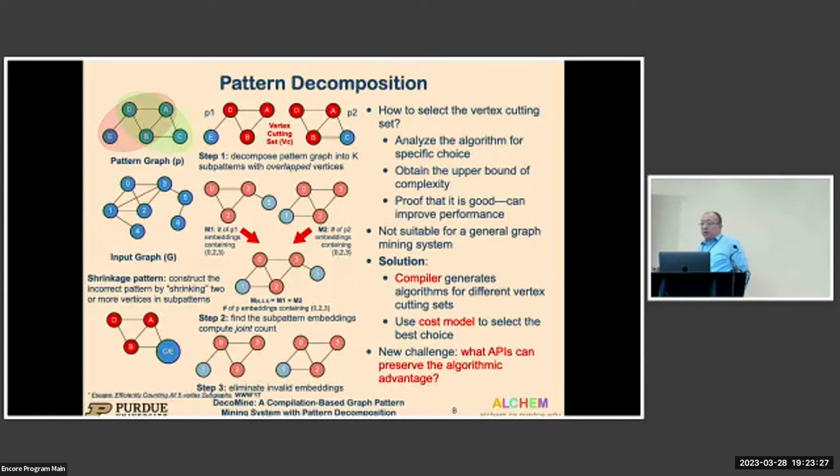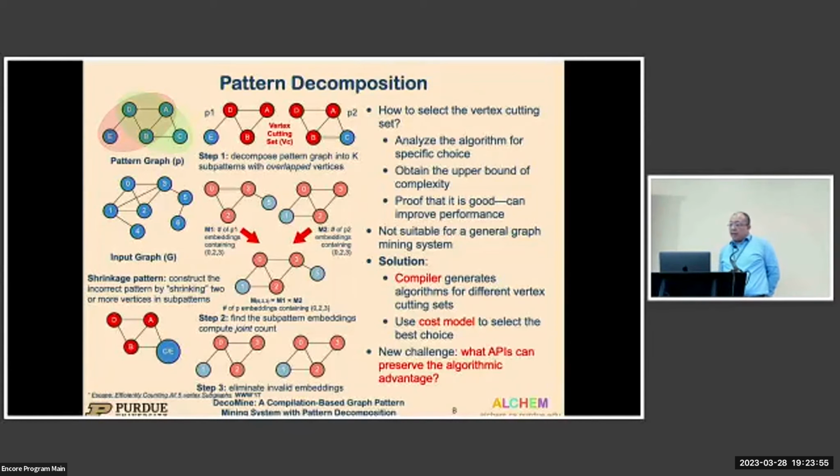So it is not suitable for a general-purpose graph mining system because we need to support arbitrary patterns. Our solution is to build a compiler that can generate the algorithm for different vertex cutting sets and all the patterns. And we also use a cost model to select the best choice.